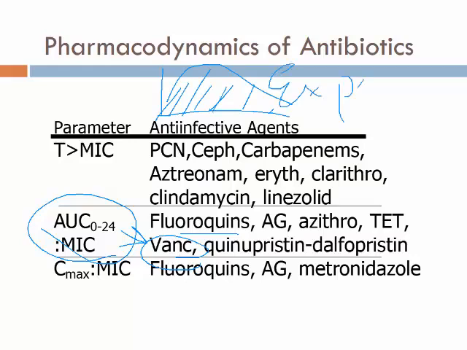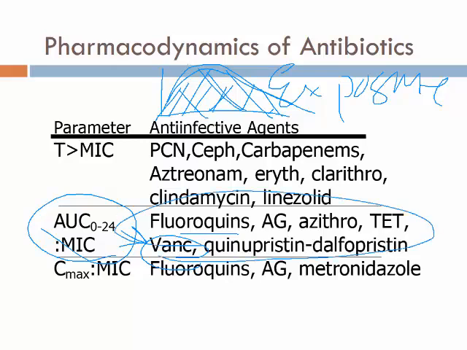So area under the curve exposure is looking at how much drug you're exposed to over time. It's not just a concentration, which is a point in time. It makes sense that this might be a good thing to correlate both efficacy and toxicity to, right? So these drugs all fall in that area under the curve over the MIC to target.